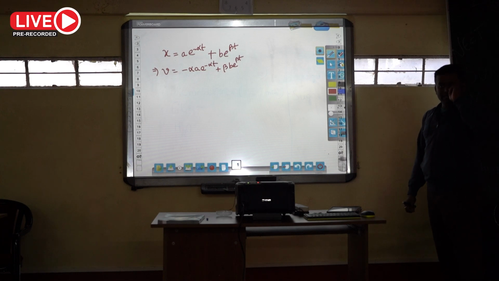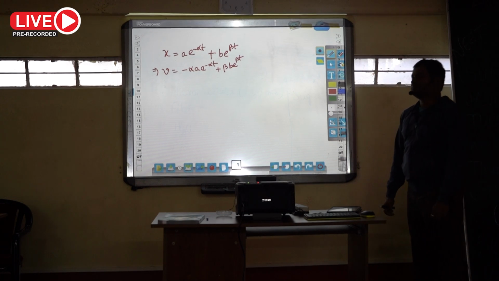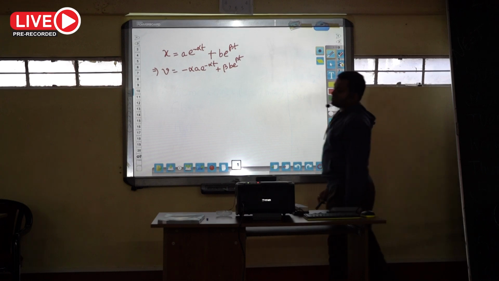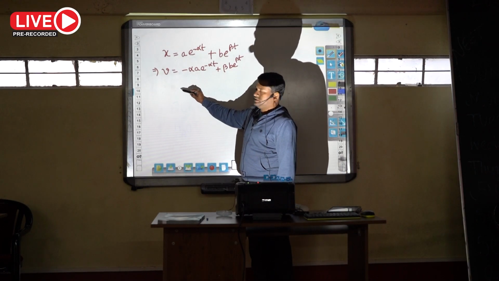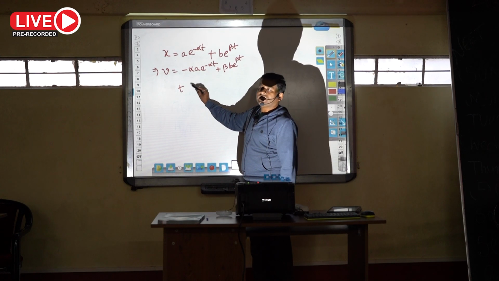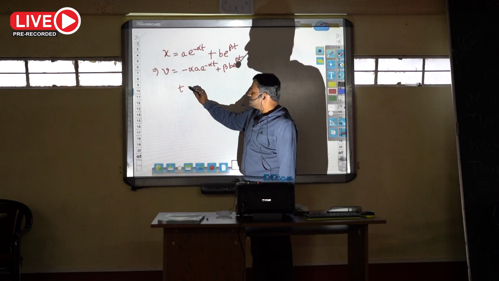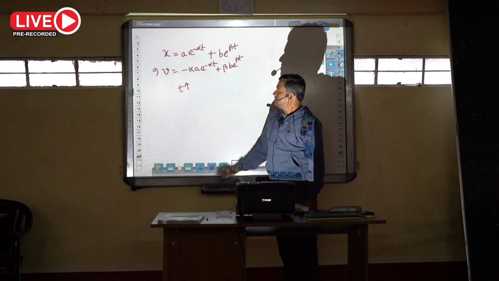If you put alpha equal to beta, does that become 0? No. Check, first term and second term are not equal if you put alpha equal to beta. So option C is also not correct. Now check this situation. If t is very large, if t is increasing, what will happen?